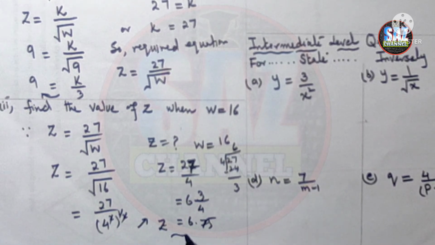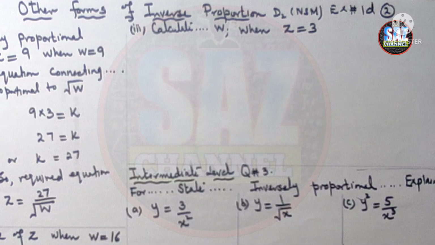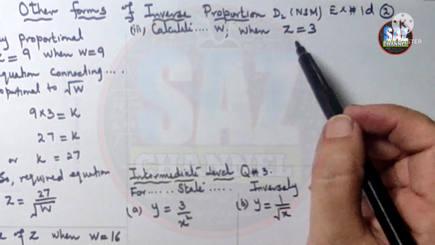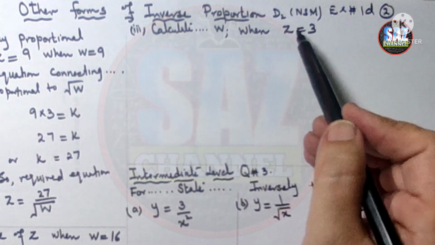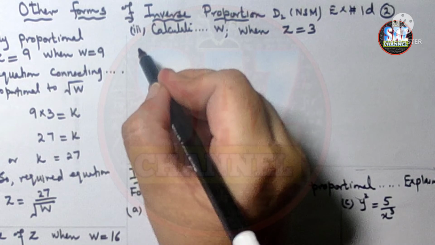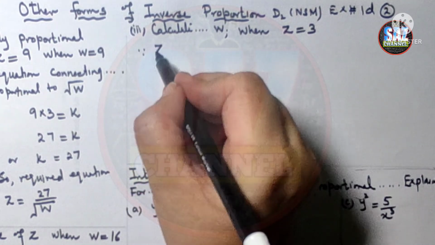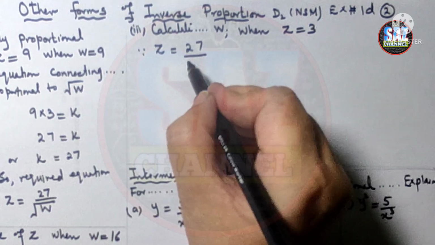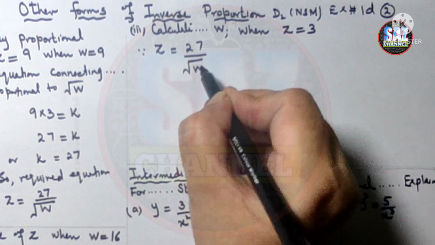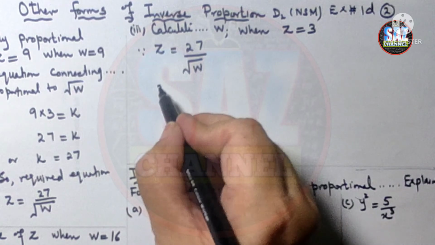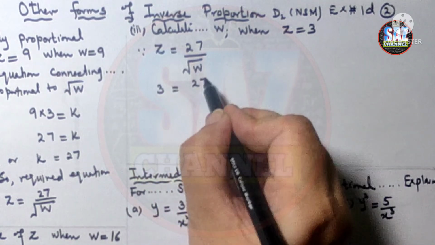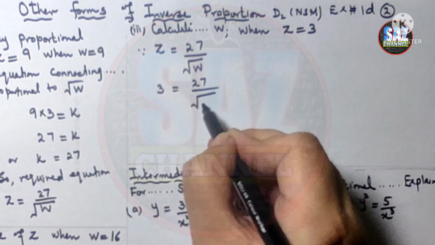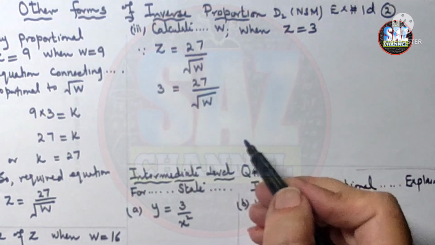Okay, and moving to the last part of this question that says calculate the value of w when z is equal to 3. Now in this case we have to find the value of w and z is given. So recall the relationship between z and w: z equals 27 by square root w, and instead of z replace 3, so 3 equals 27 over square root w.